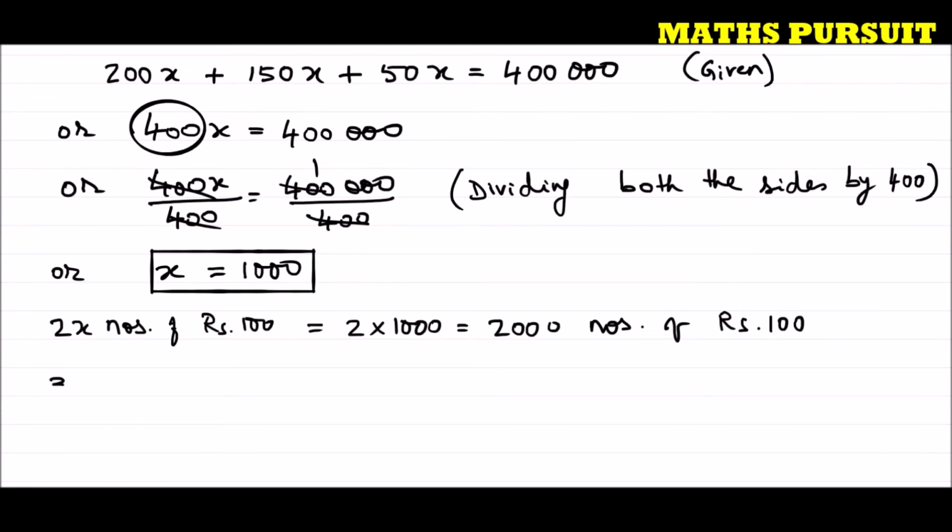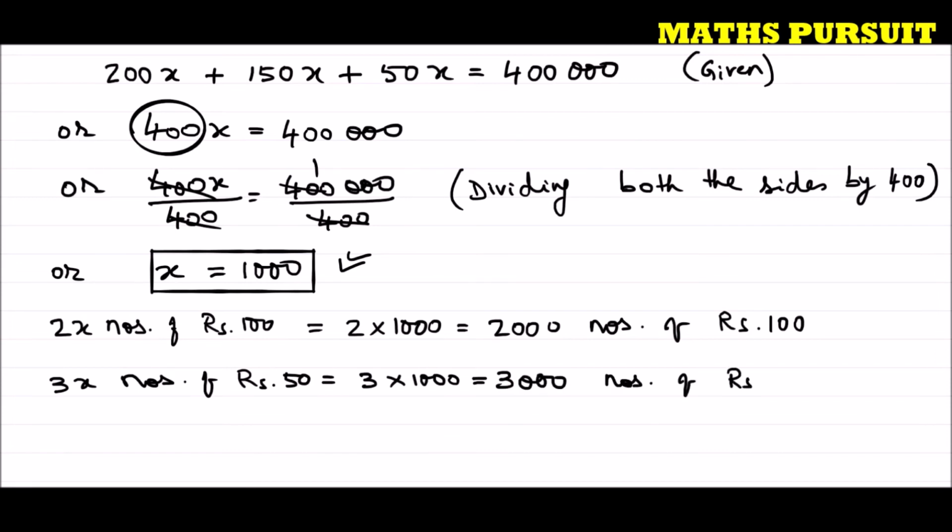Then we considered 3x numbers of rupees 50. That means 3 into 1000. We are just replacing the value of x that we got in this step. So that is 3000 numbers of rupees 50.